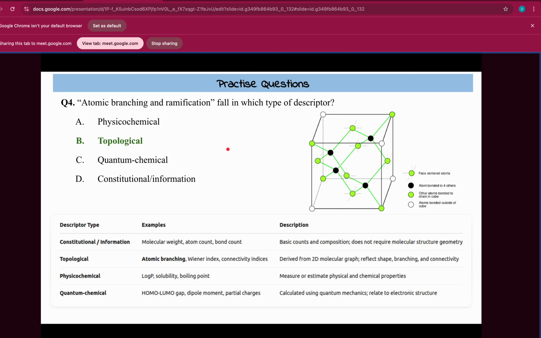So the right answer is option B, that is topological, because topological is associated with the structure. Atomic branching and ramification generally come under topological descriptors, whereas constitutional involves molecular weight, atom count and bond count, physicochemical includes log P, solubility, boiling point, and quantum chemical involves HOMO-LUMO gap, dipole moment, partial charges. Yeah, so B is the right answer.